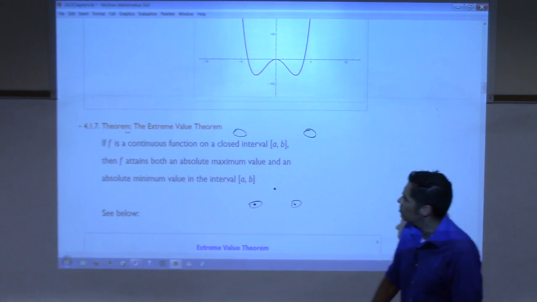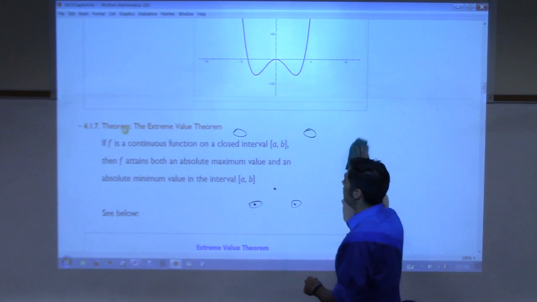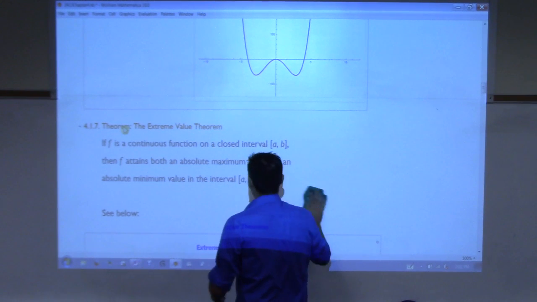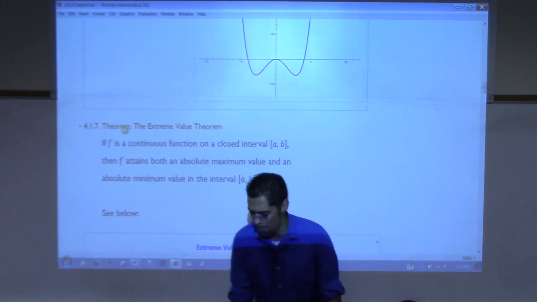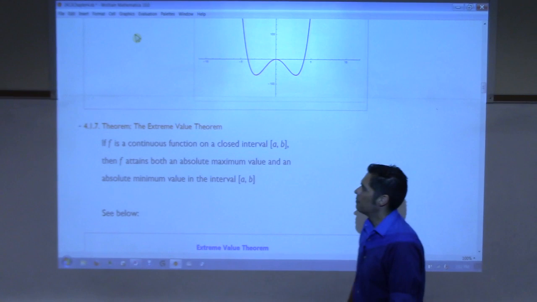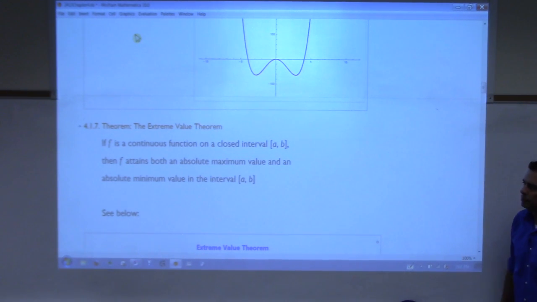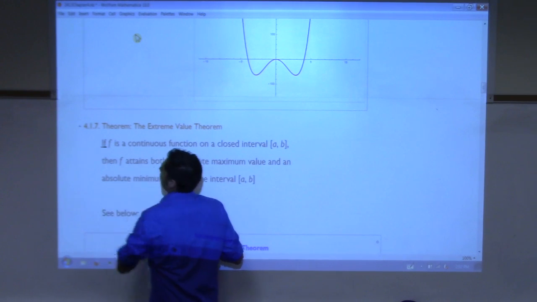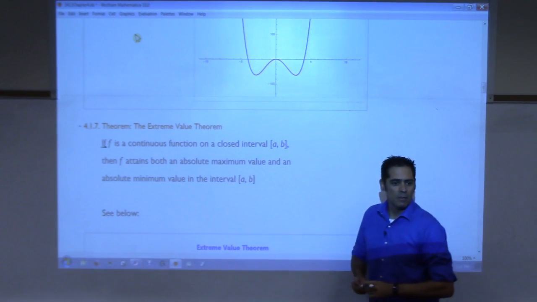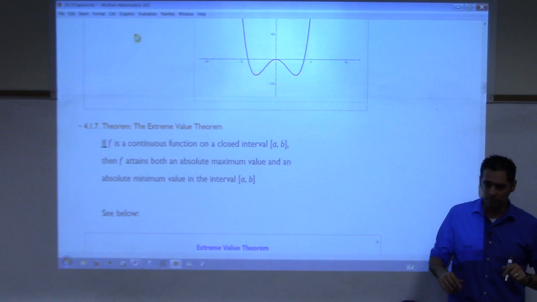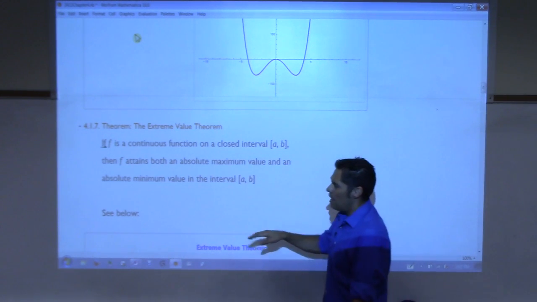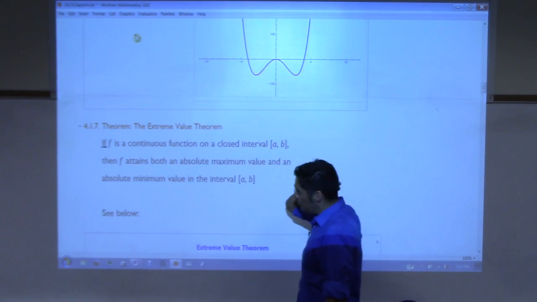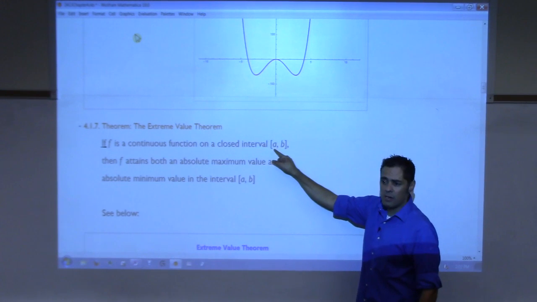And now we get to a very important theorem. It is called the extreme value theorem. If f is a continuous function, that means I can draw it without picking up my pencil, and it's defined on a closed interval.